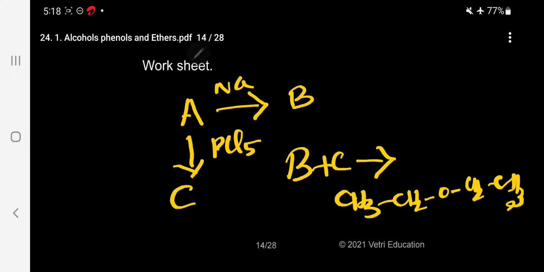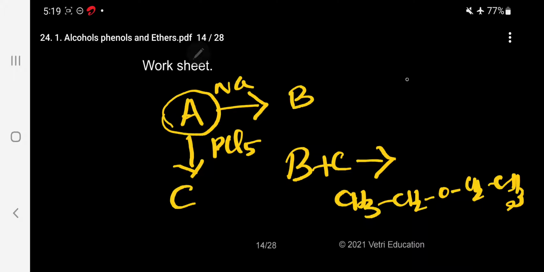So this is a very tricky problem. How to solve this? Kindly follow the tricks. What are the possible ideas we have? Just think. Sodium reacts with A, which means only an acidic compound will react with sodium.